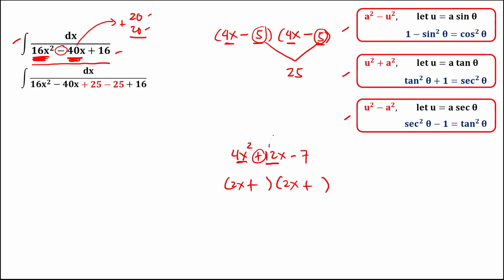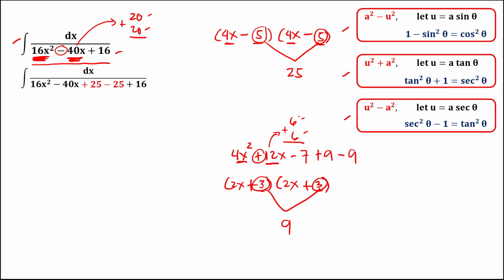Then in the second term, the same two numbers, and the sum is 12. So 6 plus 6. We can find now the second term, because 6 divided by 2, this one is 3. And multiply these two numbers, 3 times 3, this is 9. So we need to add positive 9 and negative 9.